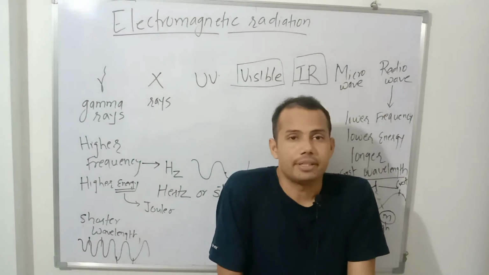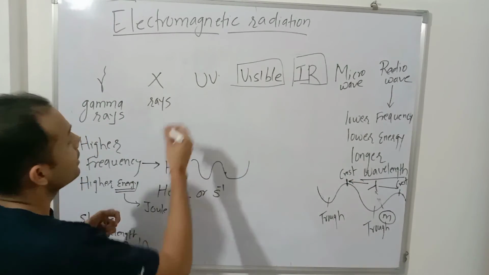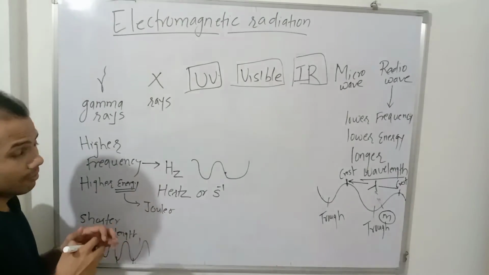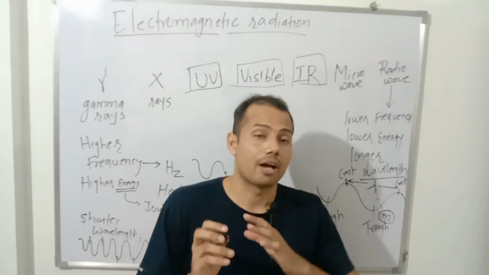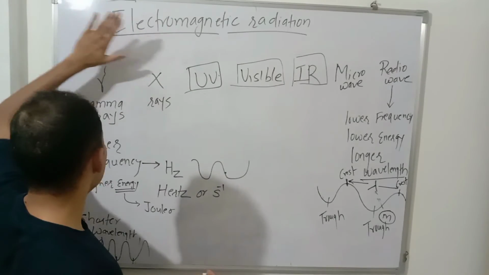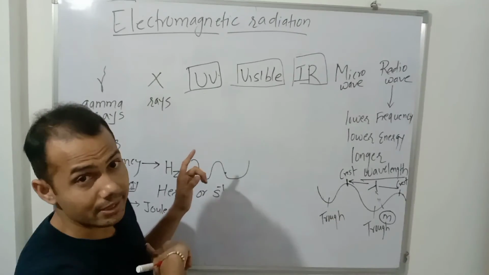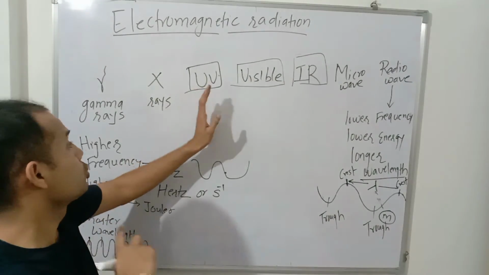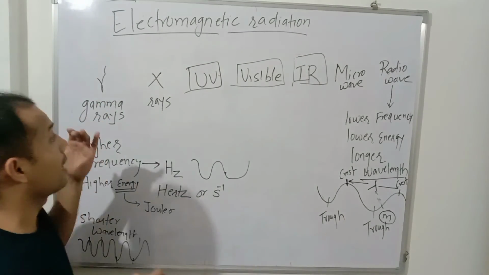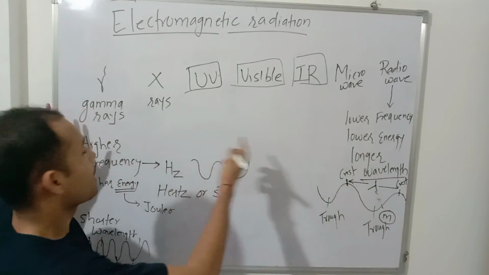When this radiation falls on our skin, we feel a little warm. Now UV radiation, ultraviolet rays from sunlight, are harmful to our skin. They have higher energy and higher frequency, and a shorter wavelength.